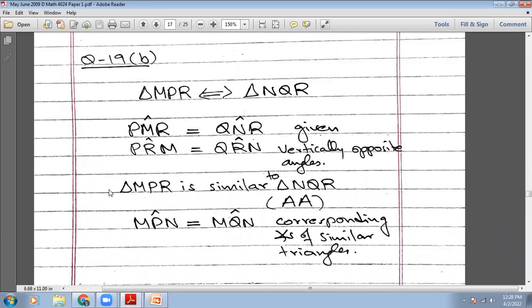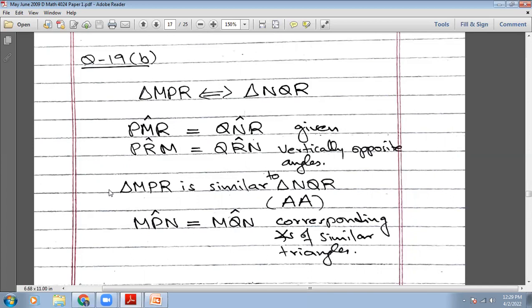So look at here how we have done. We are comparing the two triangles, triangle MPR and the triangle NQR. The angle PMR is equal to the angle QNR. It's given. The angle PRM is equal to the angle QRN, they are vertically opposite angles.